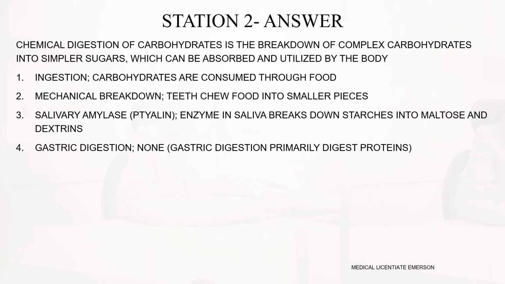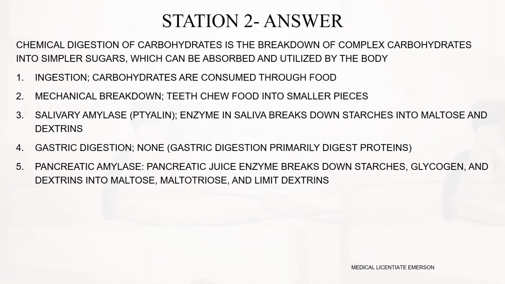Then in the stomach, there is gastric digestion, but in terms of chemical digestion of carbohydrates, there is none, because gastric digestion primarily digests proteins. Then after the stomach, you are going to find the small intestine. Specifically in the duodenum, there is pancreatic amylase.